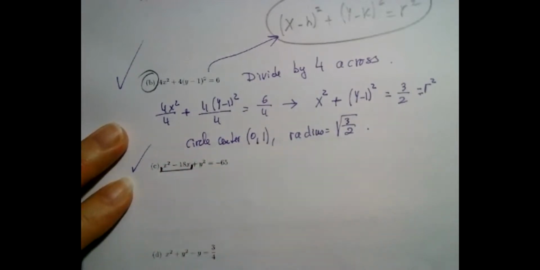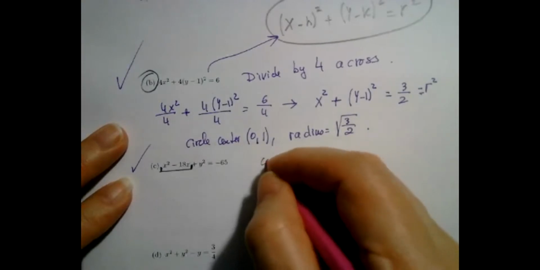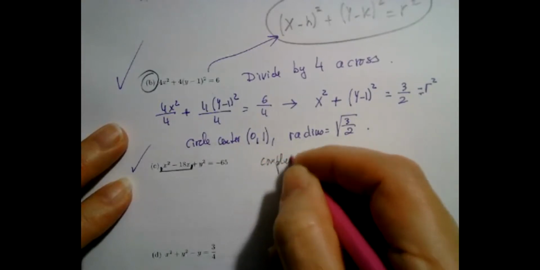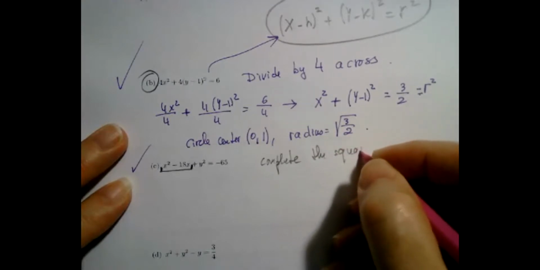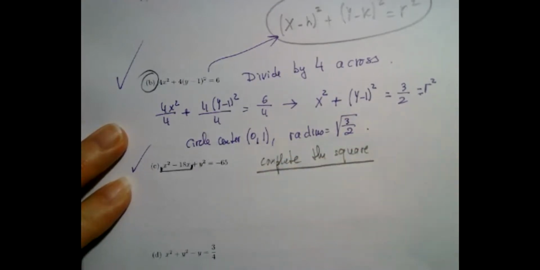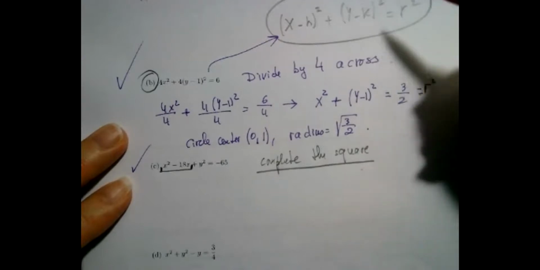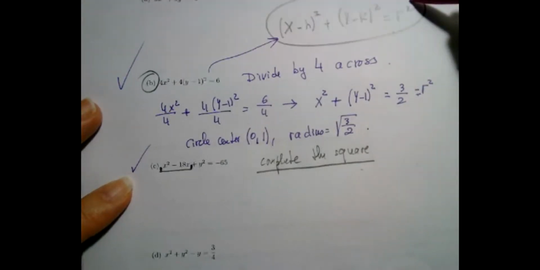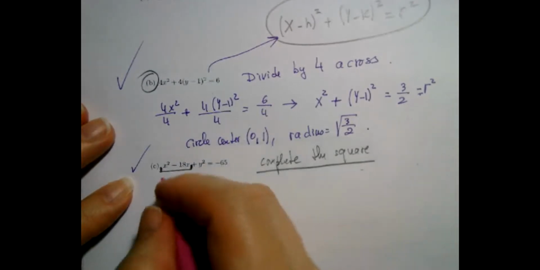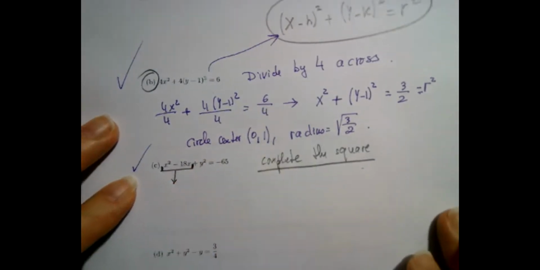We took this expression and we did what we called completing the square. The goal of completing the square is to get to this form. All right, so let's complete the square and I will remind you of the algorithm.